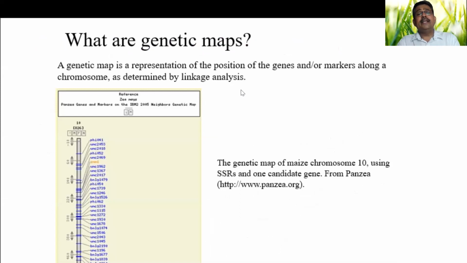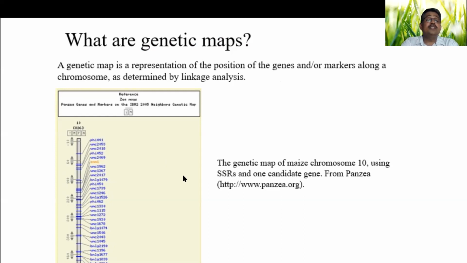So what does the genetic map mean? The genetic map is a representation of the position of the genes or markers in a chromosome, which is determined based on linkage analysis.